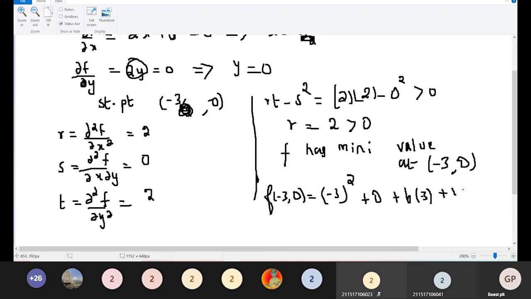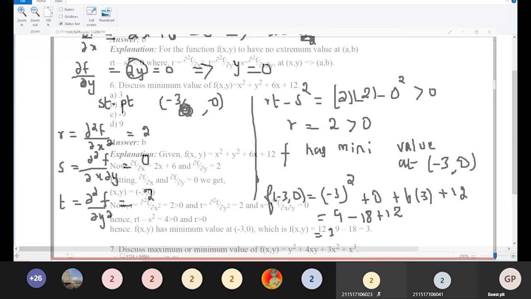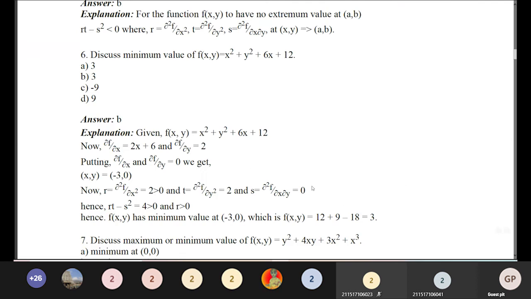So this is 9 minus 18 plus 12. So what is the minimum value in this problem? I think it is 3. Anyway, there may be some silly mistake. Please verify. Yes, it is +3. The answer is +3.